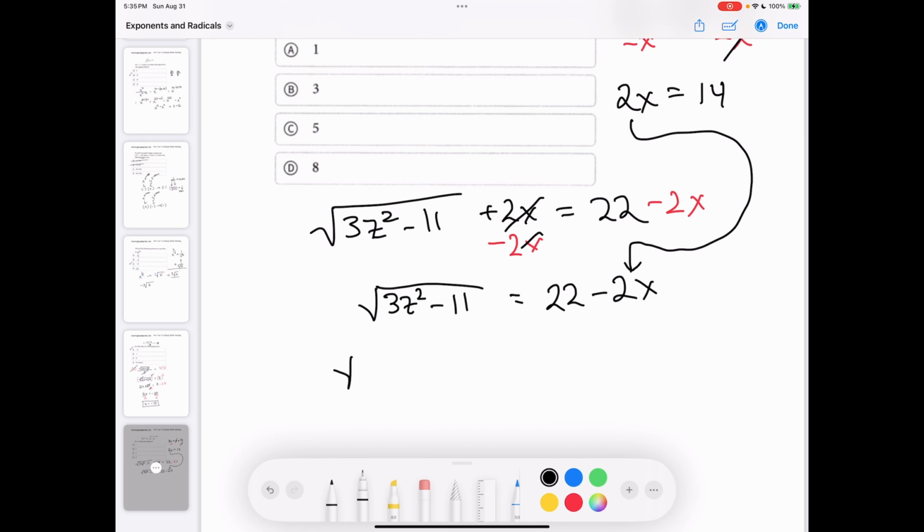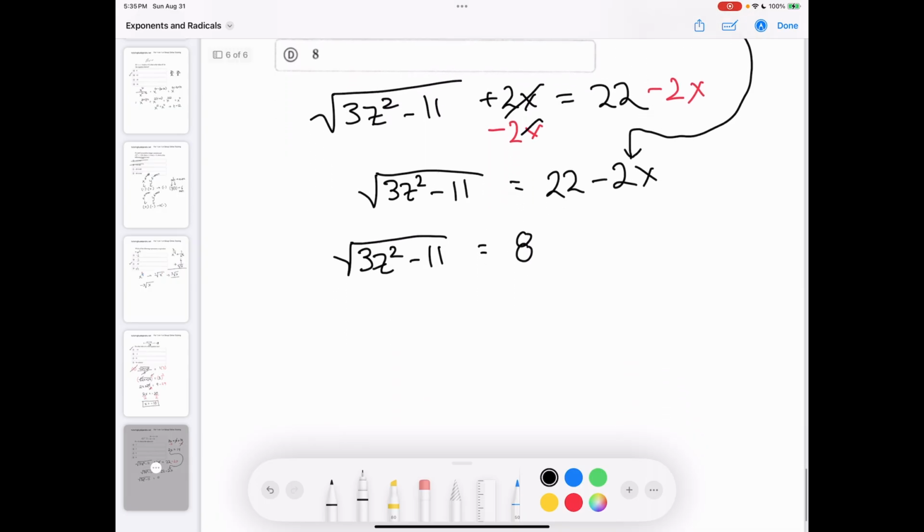So putting it all together means I'm left with 3z to the second power minus 11 equals 22 minus 2x, which is 14. Great. And 22 minus 14 is equal to 8. So I have 8 here.